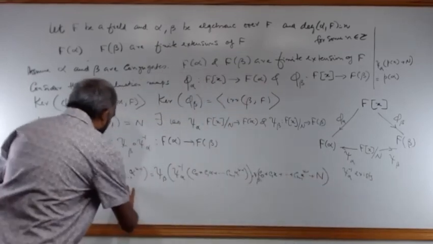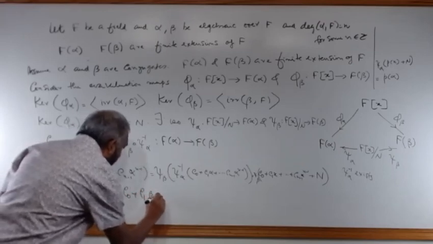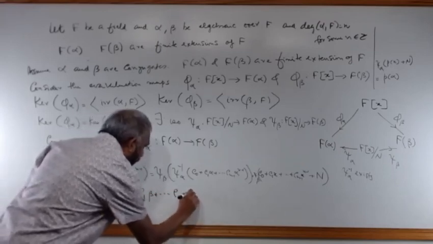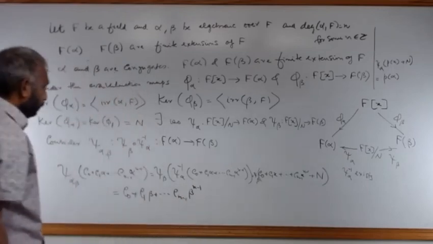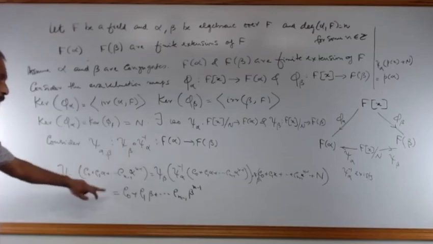So that is going to be c0 plus c1 beta plus dash dash cn minus 1 beta to the power of n minus 1. And that is the definition we are looking for of this isomorphism.